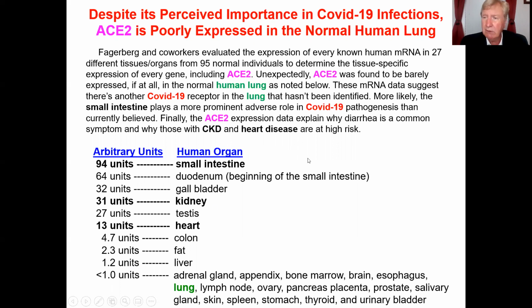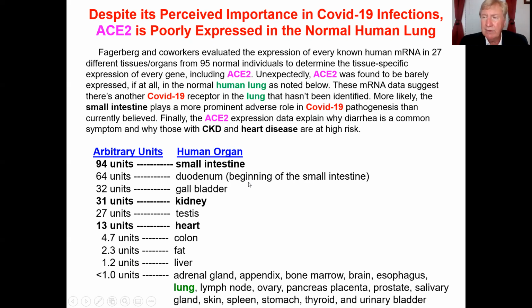Now, the Human Genome Consortium looked at where all 30,000 genes were expressed. In this group, Fagerberg and co-workers looked at the human messenger RNAs in 27 different tissues in 95 different individuals, and determined the tissue-specific expression of every gene, including ACE2.